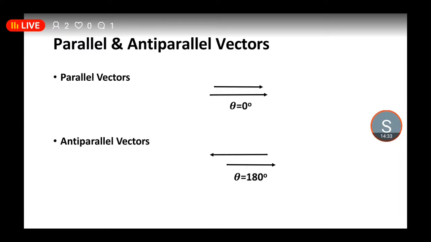In parallel vectors the theta is 0, in anti-parallel theta is 180 degrees. In parallel vectors, the two vectors are parallel in direction, magnitude may differ. Anti-parallel vectors are parallel to each other with theta 180 degrees, and opposite in direction. Anti-parallel, opposite in direction mainly.